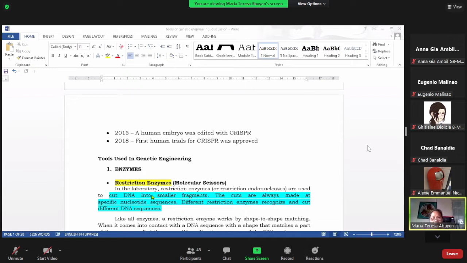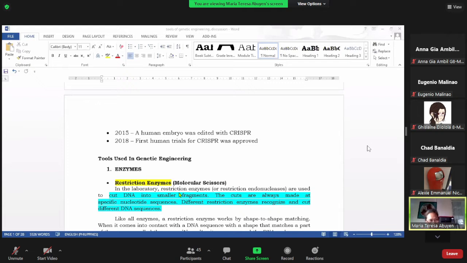And these enzymes, which we call restriction enzymes, serve as molecular scissors during the process. Remember that a cell is very, very small. DNA is found inside the nucleus of the cell.